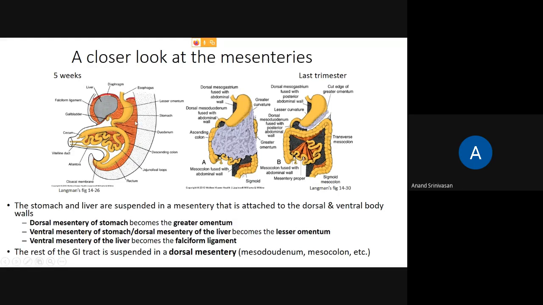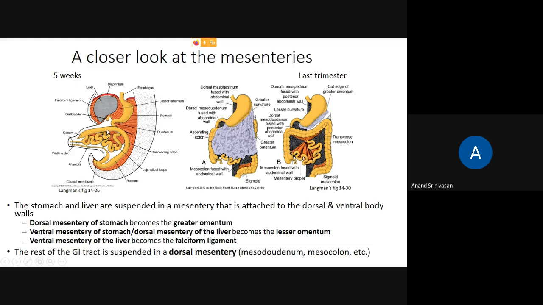Now, what happens to the dorsal mesentery? Especially in the stomach region, it will form the greater omentum. Near the small intestine, because it is connected to the small intestine, it is called the mesentery.